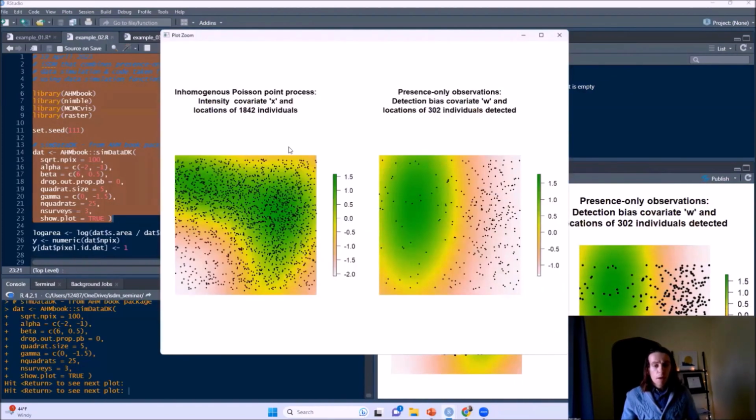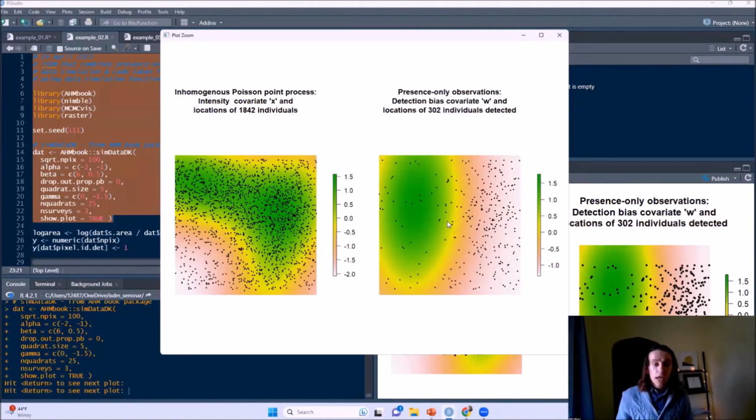So first of all, on the left here, I'm showing you the point pattern that is simulated. So all of those little points across this landscape are locations of individuals. And on the right here, I'm showing you the presence-only data. So those points are individuals that are in our presence-only data set.